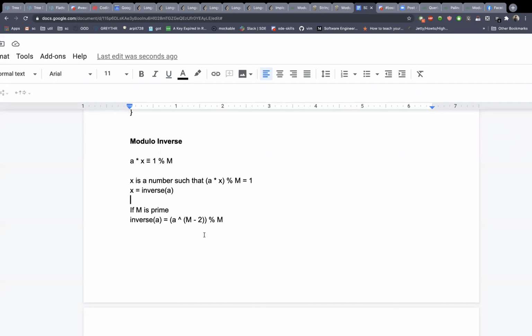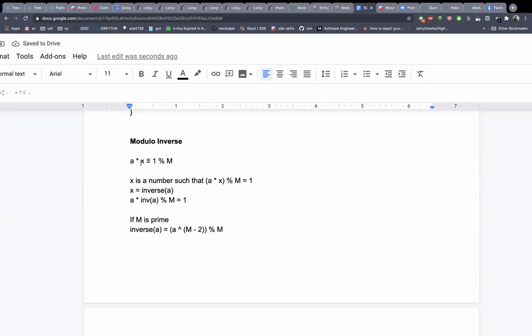If anyone has any queries, please feel free to stop me in between. What is inverse? Okay. So in the terminology of modulo, a times INV of a, modulo m, is 1.